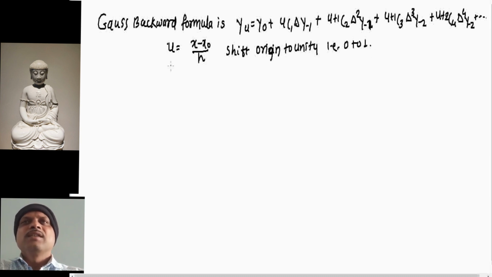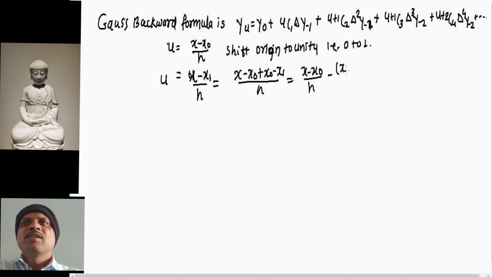Then here we write this u as x, when we change this u to (x minus x1) divided by h. So we have now (x minus x0 plus x0 minus x1) divided by h, equal to (x minus x0) divided by h minus (x1 minus x0) divided by h. This is our new u.